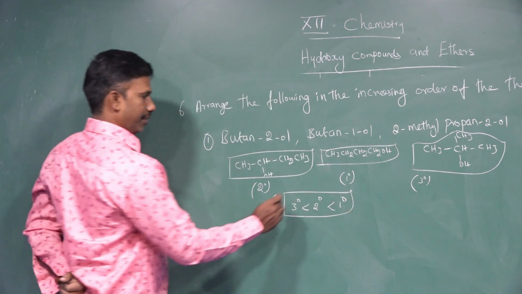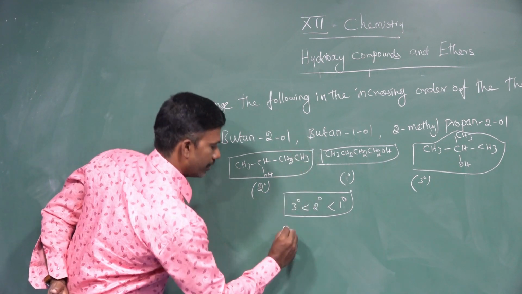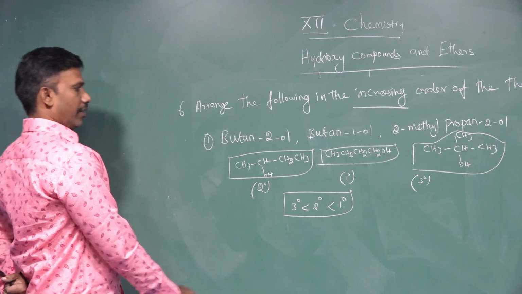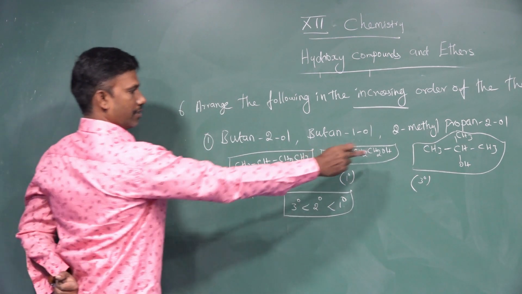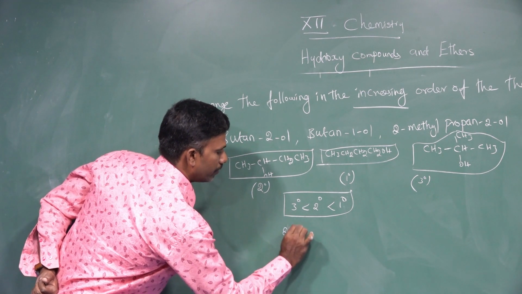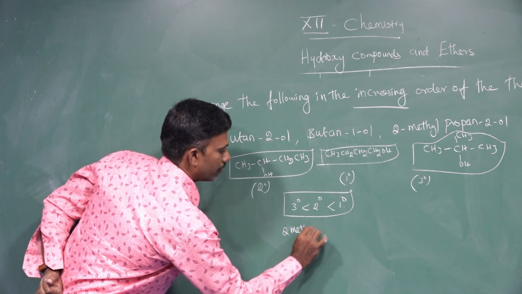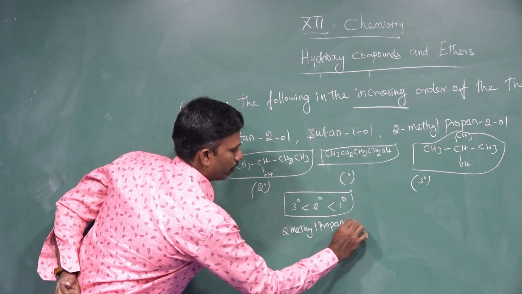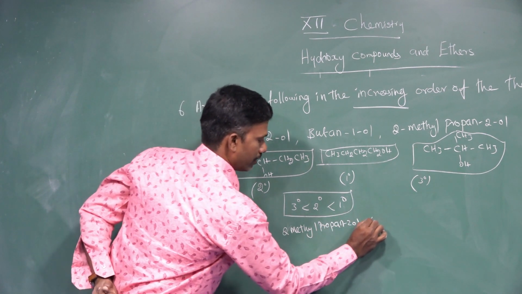Now if you arrange it, what is the answer? For increasing order, the lowest is tertiary, so 2-methylpropan-2-ol. That is the lowest.